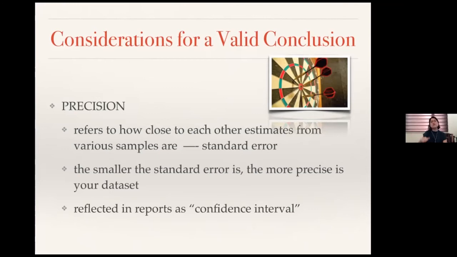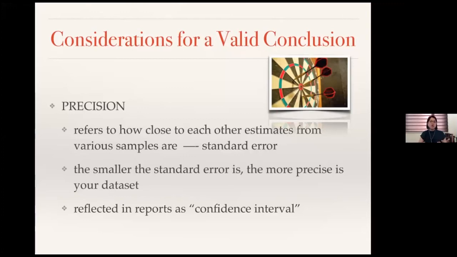When we talk about standard error of the mean, it's from all your estimates, you get the error, and then you get the mean, and how far away the mean is from the true estimate. So that's the standard error of the mean. Whereas standard error is just how far one reading is from the other. So precision is interpreted with standard error.